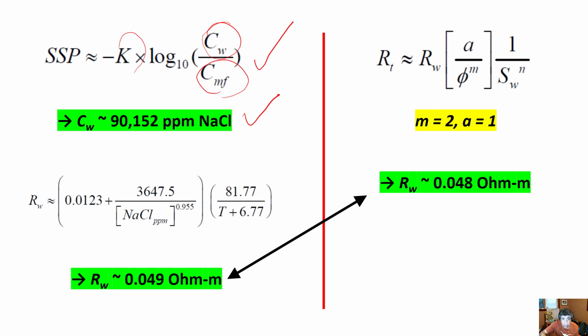And then I take the temperature that I have at that location, that's the formation temperature, I insert it here and I insert this value in sodium chloride, then I find that SP tells me that the resistivity of formation water is approximately 0.049 ohm meters.